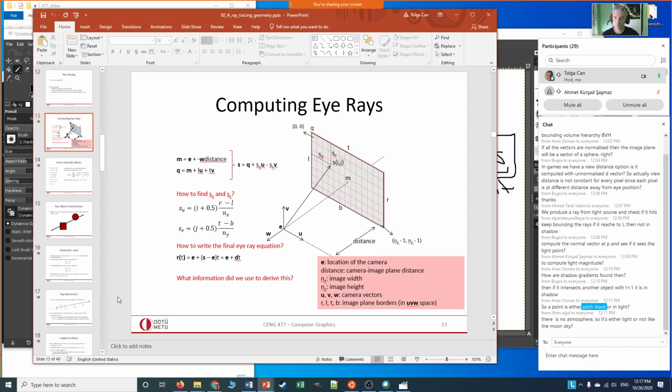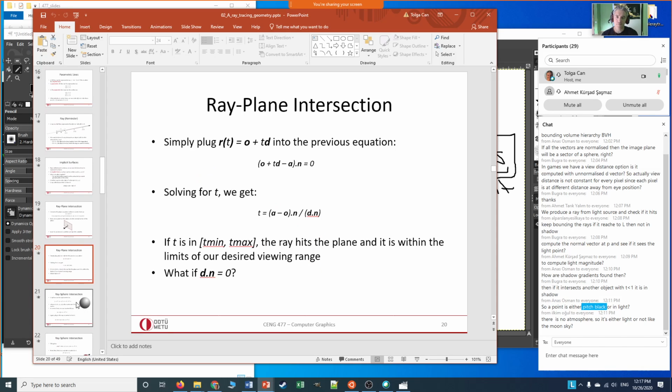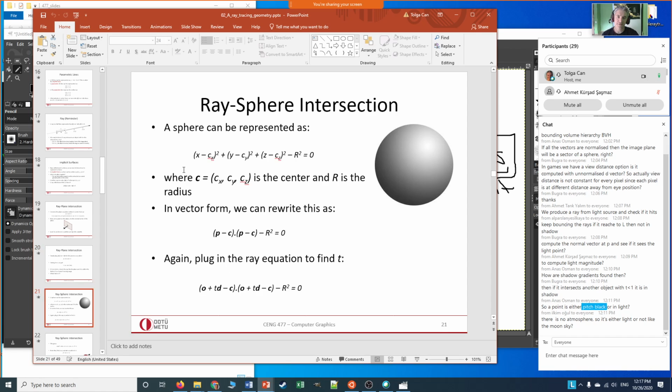All right, so we did the intersection with spheres. I'm going to show that ray plane intersection to you next. The ray sphere intersection is the implicit sphere equation, in which it defines the points xyz on the surface of the sphere.